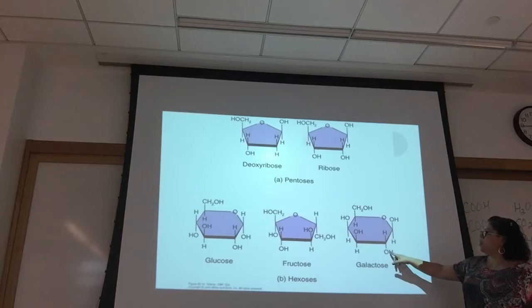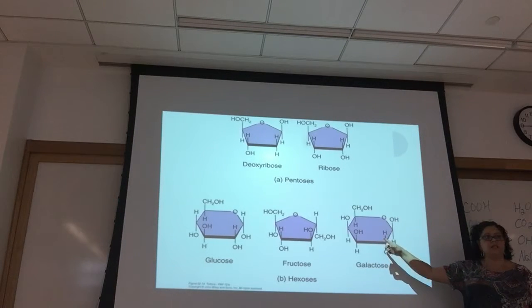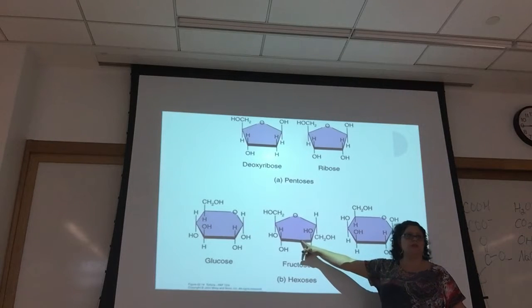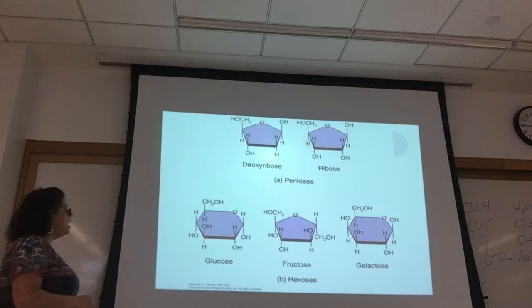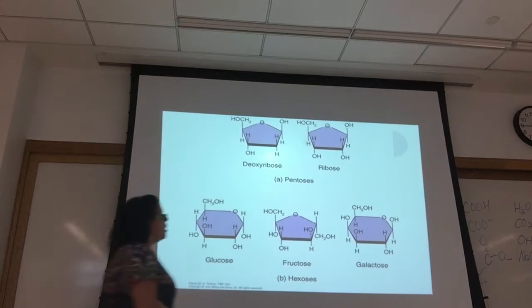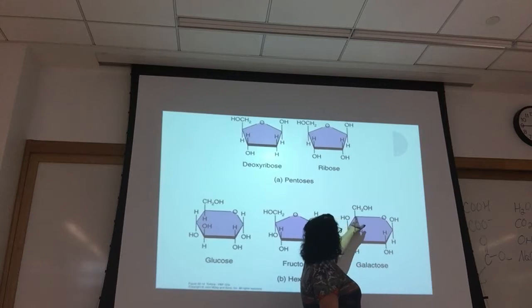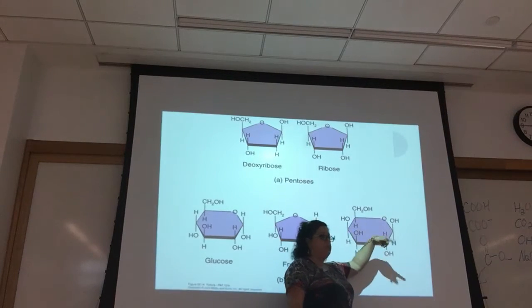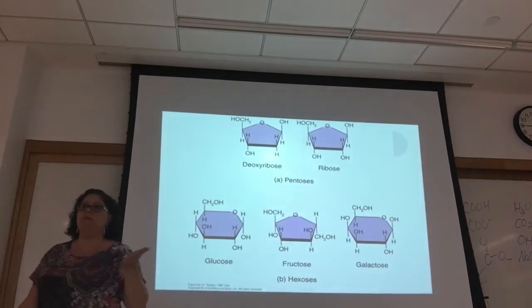The galactose, you can see the arrangement of the carbon atoms is different than fructose and also glucose. If you were to count up the number of carbons, 1, 2, 3, 4, 5, 6, and hydrogens and oxygens in each of these, it's the same.